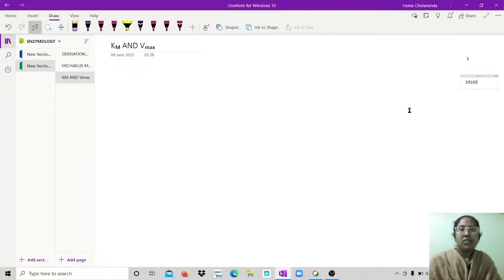Students, in this session, I'm going to explain to you about the Km and Vmax. In the last session, we derived the Michaelis-Menten equation. Just recall that the Km is nothing but the Michaelis-Menten constant.